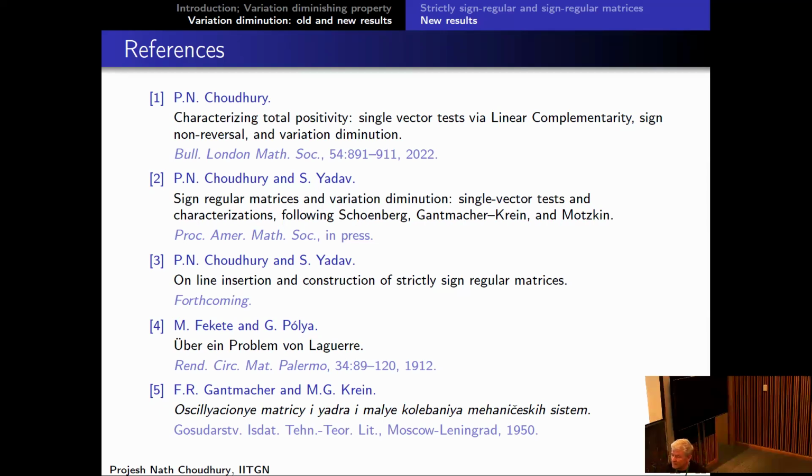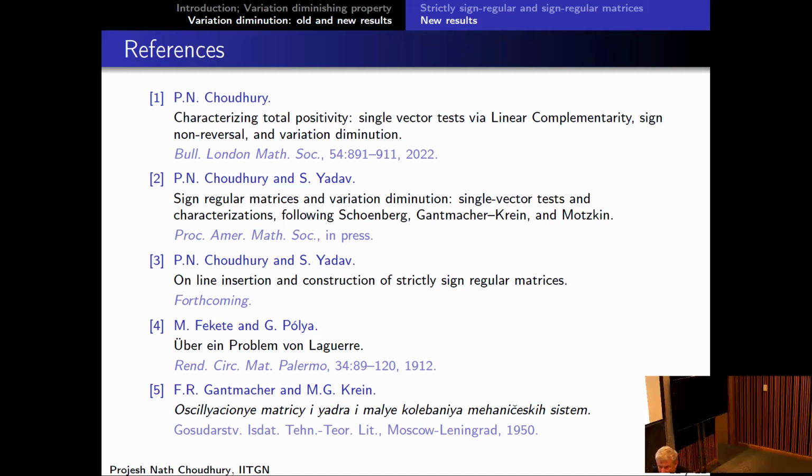We are able to characterize all functions which preserve strict sign regularity or sign regularity, either for the whole class or a particular sign pattern. So that is not exactly your answer, but yeah. Characterizing maps is one thing, but characterizing this subclass is a different thing, but also interesting. But both are interesting.